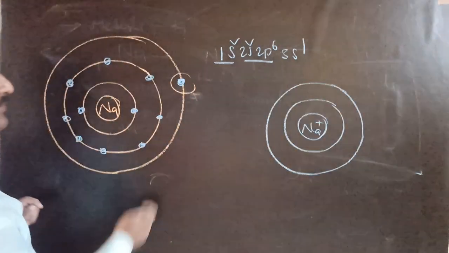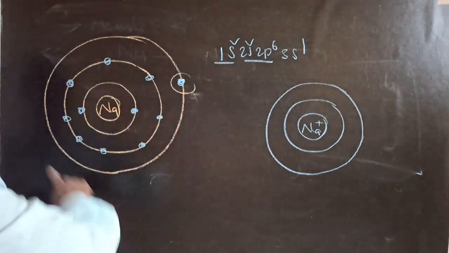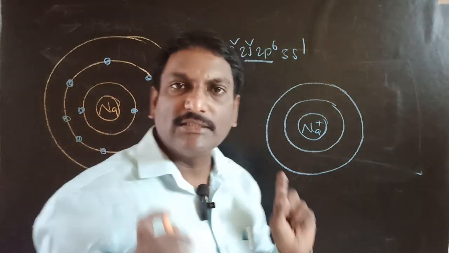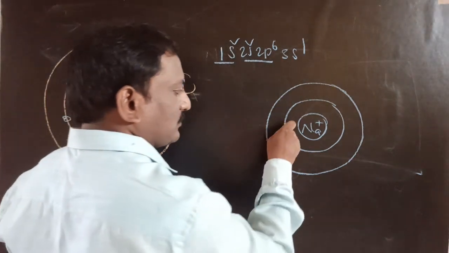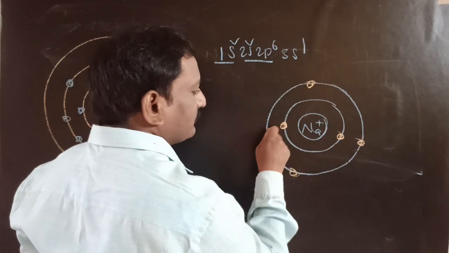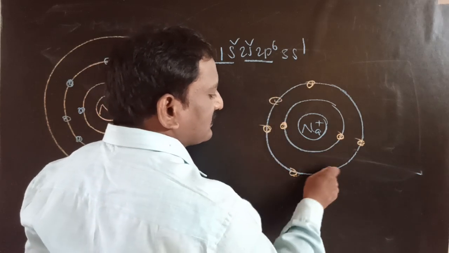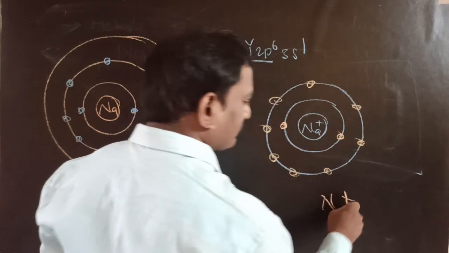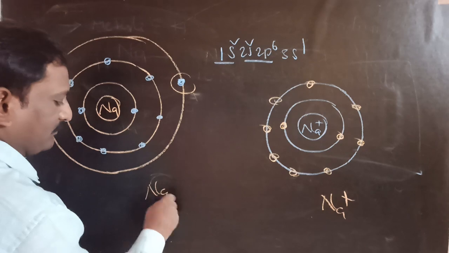There is no third shell because if you remove the electron, the shell will be cancelled out. Only two shells remain in the sodium ion. 1, 2, 3, 4, 5, 6, 7, 8. This is the sodium ion. This is the sodium atom.